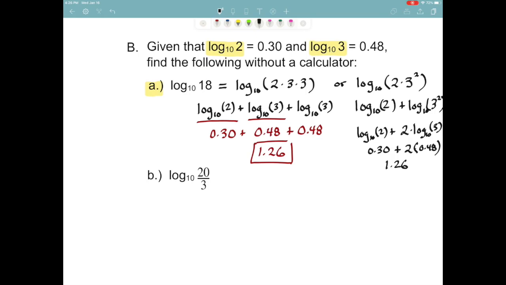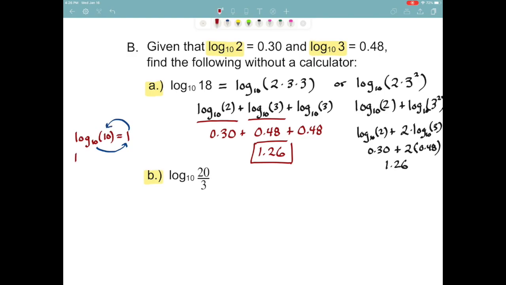All right, looking at letter B now. We have log base 10 of 20/3. Now there's a couple more expressions with log base 10 that you do know. We know that log base 10 of 10 should equal 1, right? We know that from chapter 5. 10 to the first power equals 10.